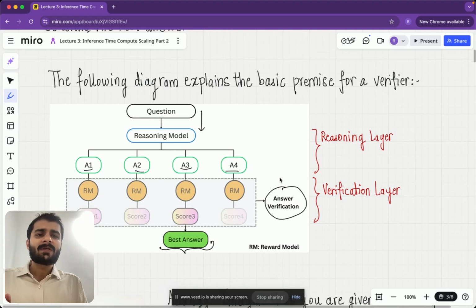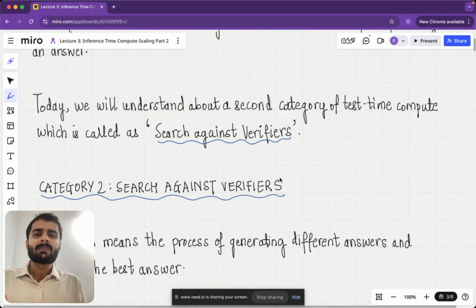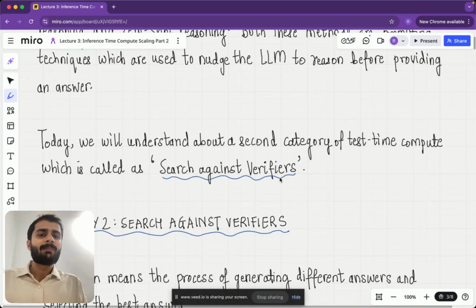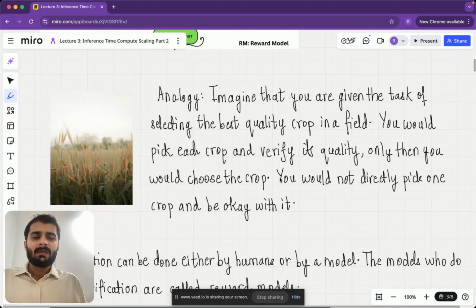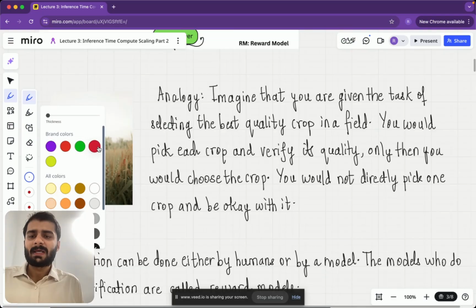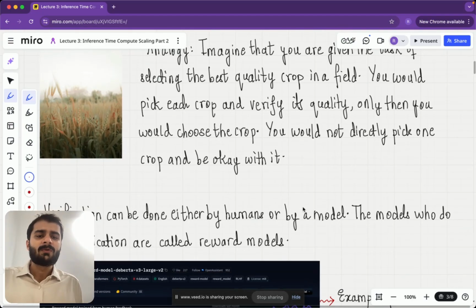That is why it comes under inference time compute scaling, because the inference time is going to increase. Let's look at it in the form of a diagram. Whenever you are using an LLM, there is pre-training, then there is fine tuning, and then there is inference.